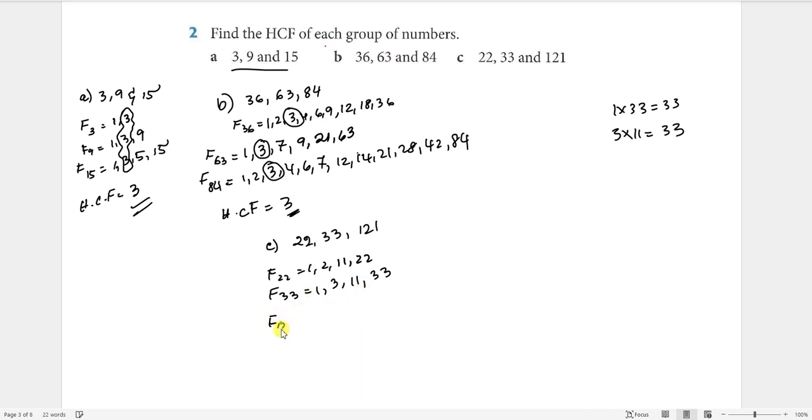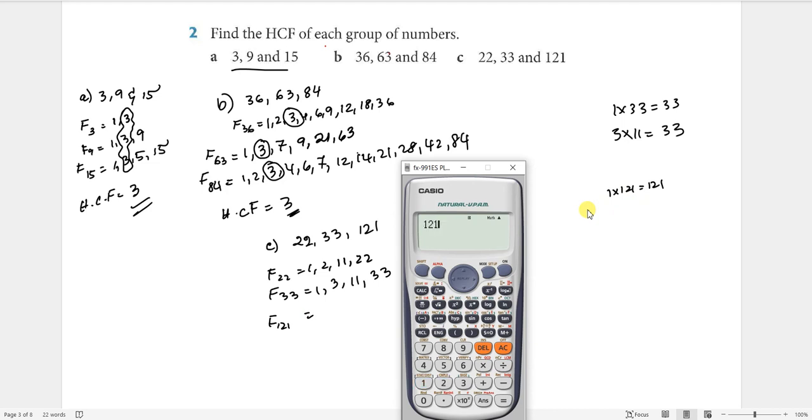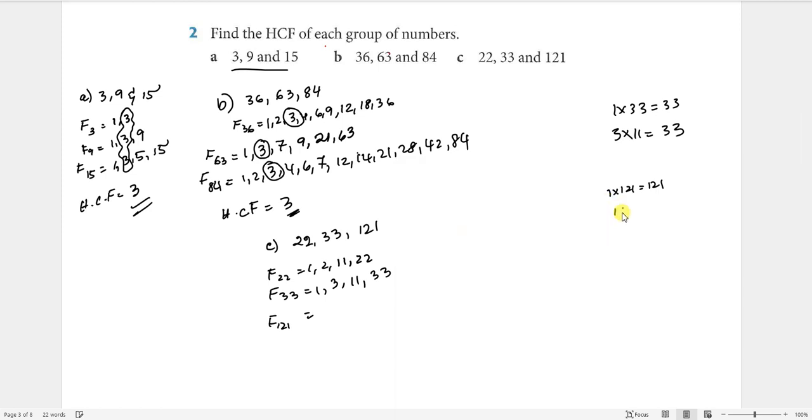Factors of 121. 11 times 11 is equal to 121.